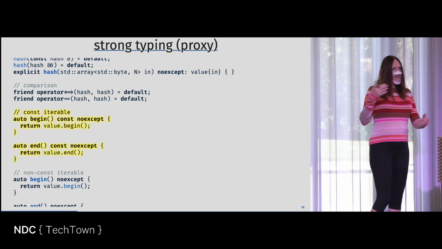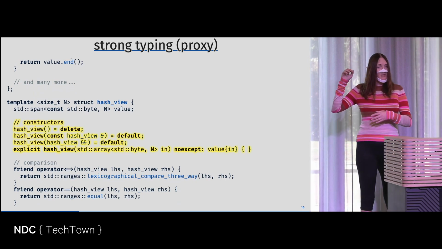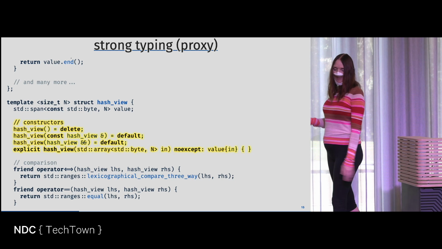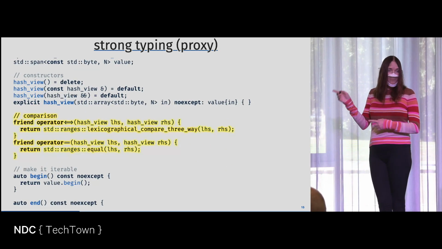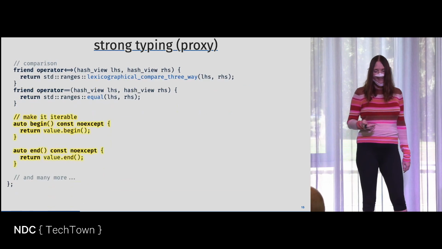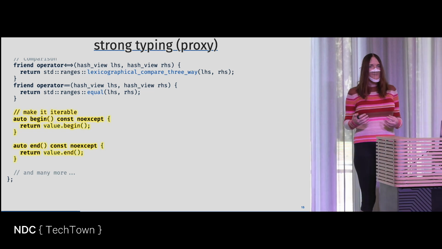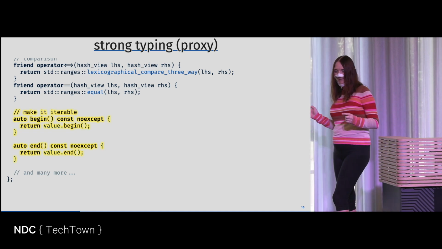Some iterators, non-constant iterators. Then I need to do much more. Then hash view, it's the same. Constructors, comparison, we need to implement our own because span is not comparable. Also iterators, but it's a lot of code you need to write for just something so simple as a hash. So I don't like it.